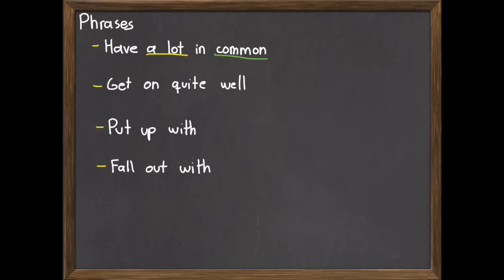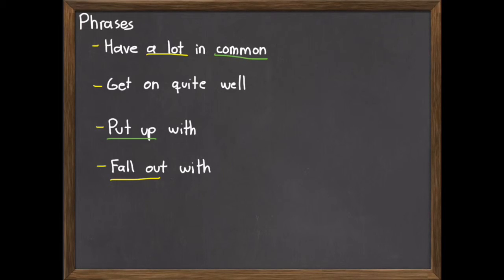Now, fall out with would be probably the opposite of putting up with. Fall out with means that you argue or you stop talking to someone. You cannot tolerate that person, and so you lose most contact with that person. Fall out compared to put up.